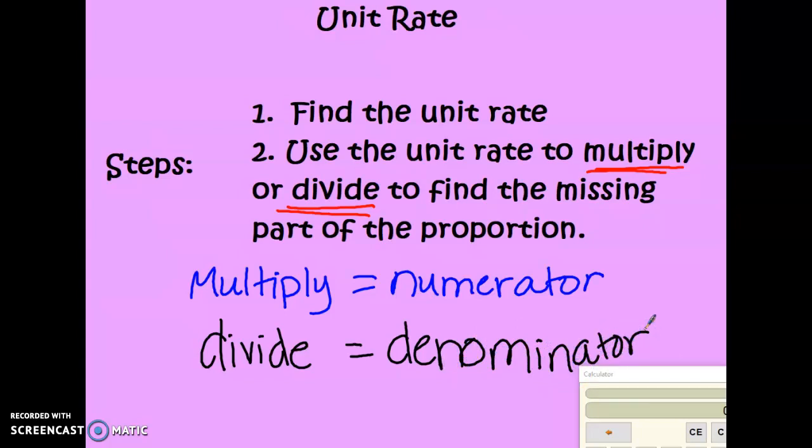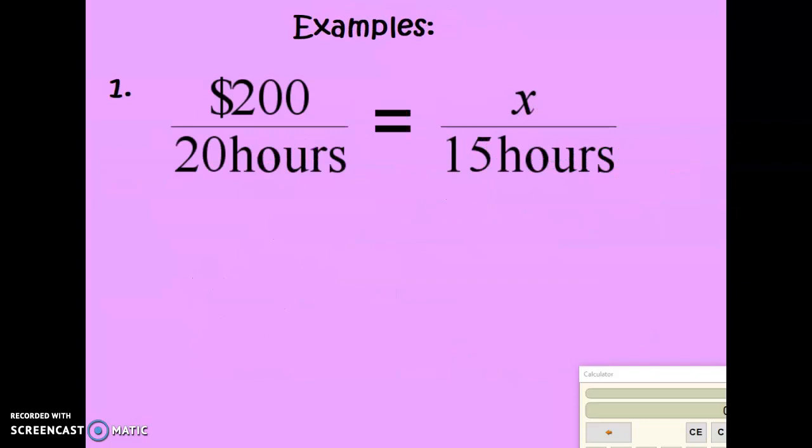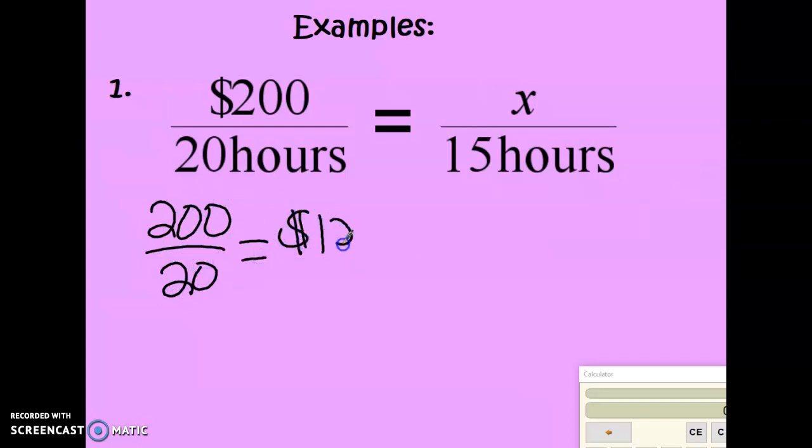Okay, so here's our first example. We've got 200 to 20 is equal to x over 15 hours. So $200 to 20 hours. That's the first thing we're going to do, find our unit rate. So we're going to take 200 and divide it by 20. That's going to give us $10 per hour.